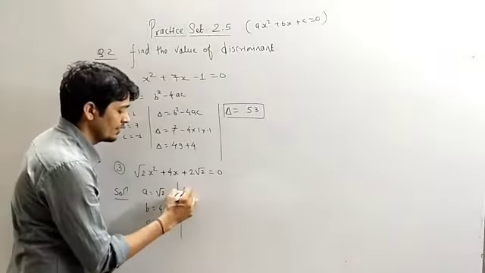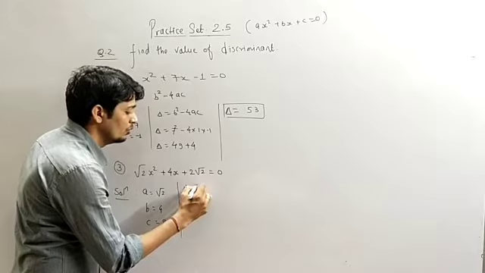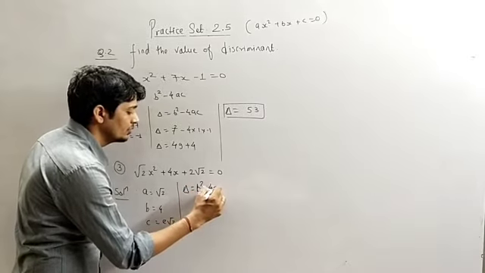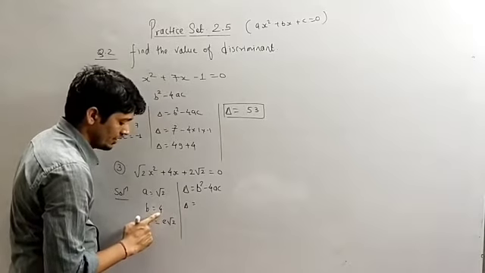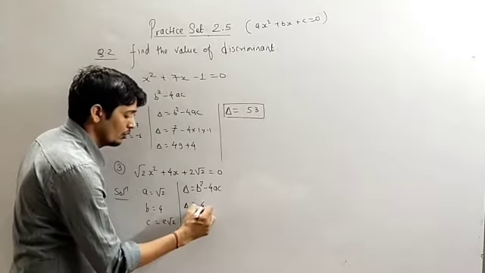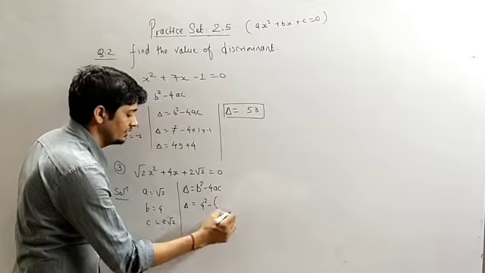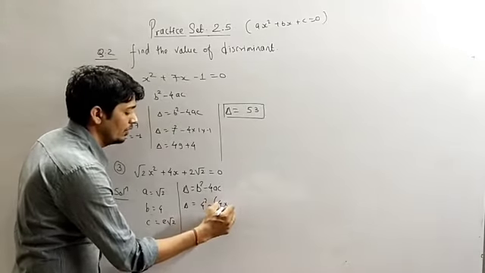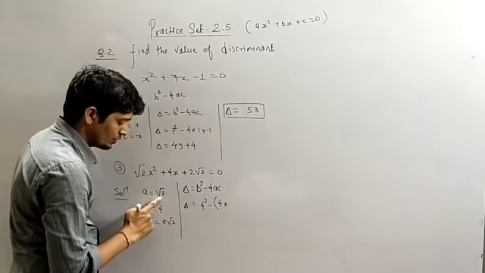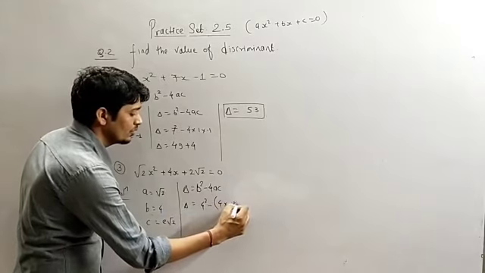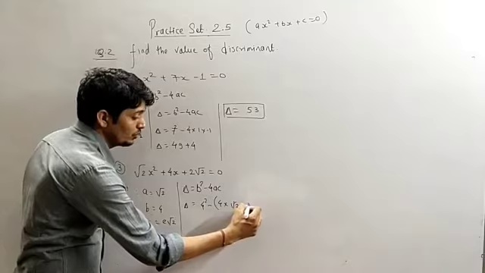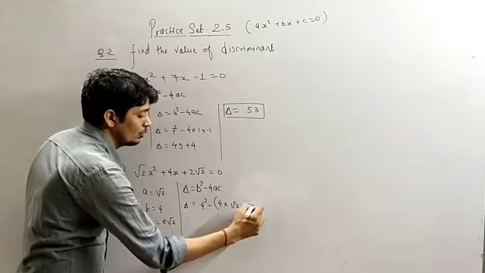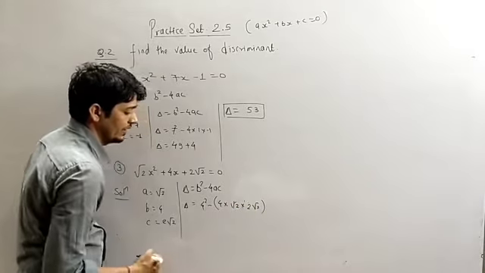We have the formula del equals to b square minus 4ac. So del equals to, what is b? We have 4 square, minus inside the bracket 4 into what is a, a equals to root 2, into c equals to 2 root 2. Okay.